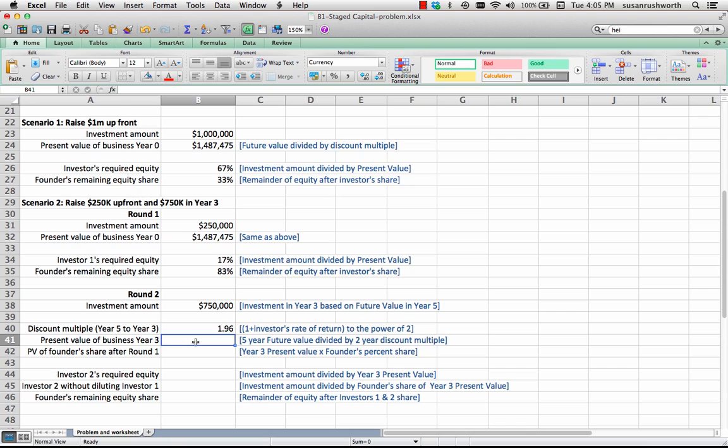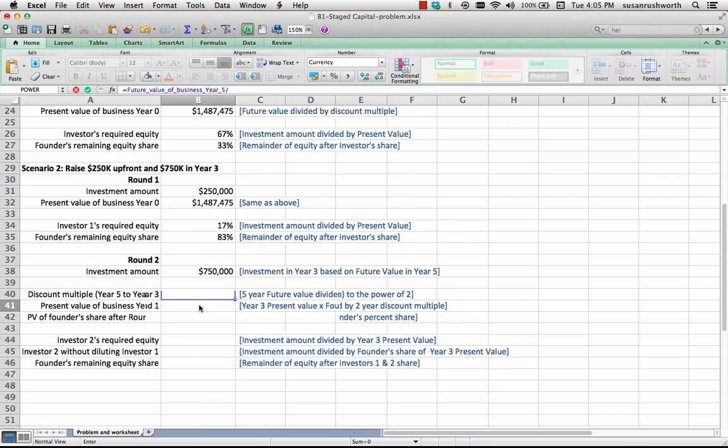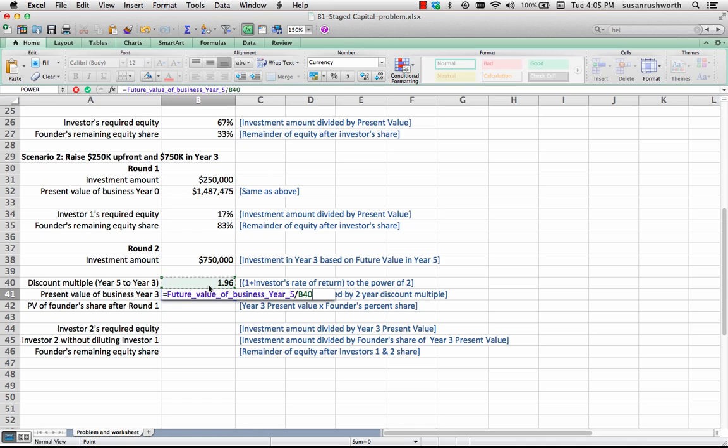So discounting the future value of 8 million back to the present value of the business 2 years earlier, you simply divide by that number. So let's take the future value, dividing it by this new discount multiple for only 2 years, and you get the present value of the business in year 3 as just over $4 million.